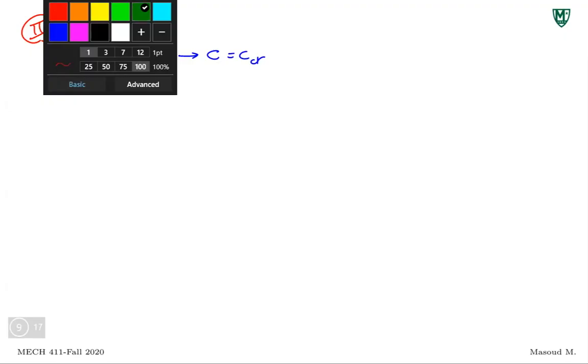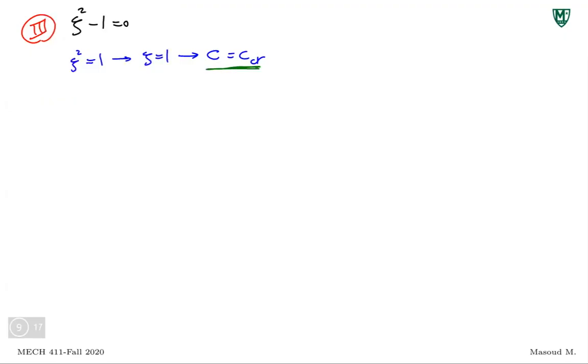The damping of the system is exactly equal to the critical damping. It's a very specific case. It's the exact number, these two numbers are exactly the same. Hard to achieve, obviously. For that reason, this is called a critically damped system, because the damping constant I put in the system is exactly equal to the critical damping.